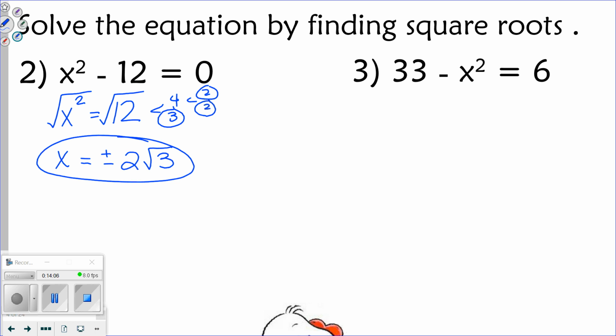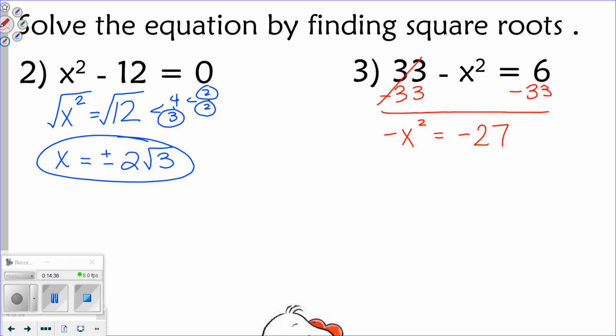All right, so what about number 3? There's a 33 next to it. What do I do first on that one? Do we equal these to 0? We get the squared part by itself. So you have some options here, but let's go ahead and subtract the 33. So I have negative x squared equals negative 27.